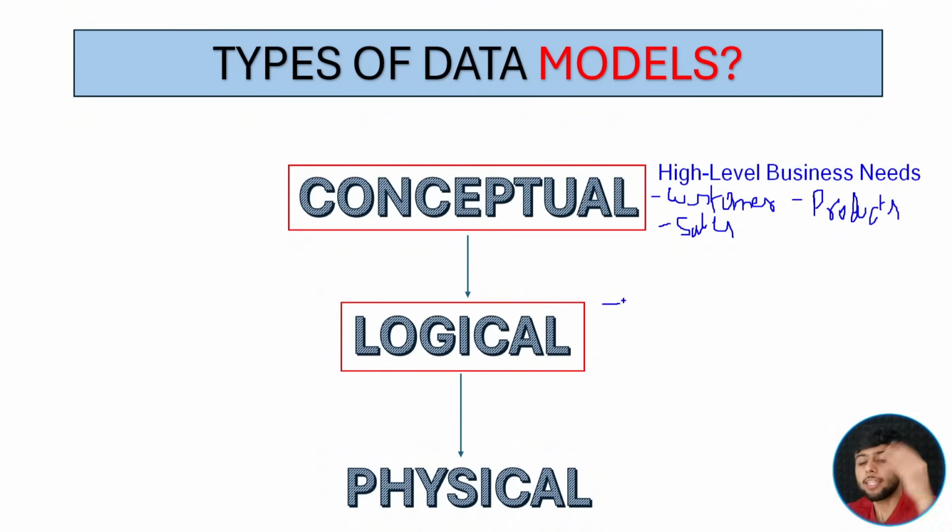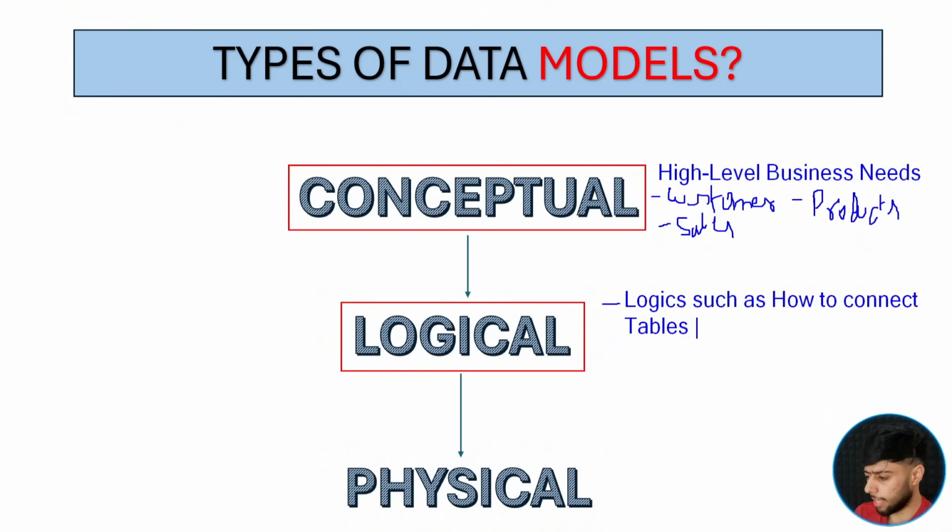We know that we have this table, this table, this table, but how to connect them, how to initiate the link, this is the area where we build the logic. So this is for logic such as how to connect tables, and then joining keys or joining attributes.